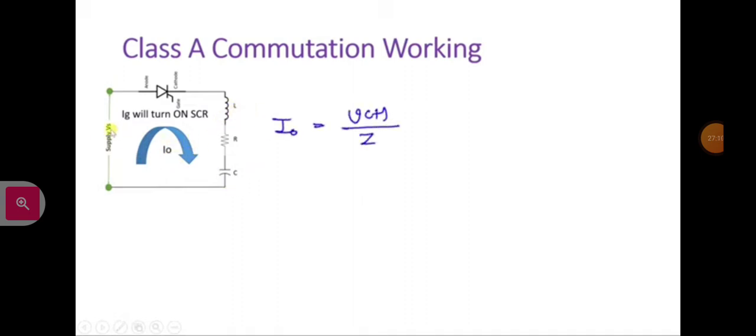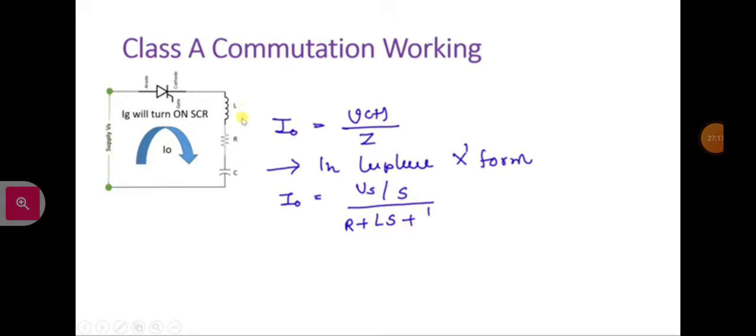Now here voltage will be Vs divided by S in Laplace transform, and this impedance will be Ls in series with R in series with 1 by Sc. So inductor in Laplace will be L into S, resistance in Laplace will be R, and capacitor in Laplace will be 1 by Sc.